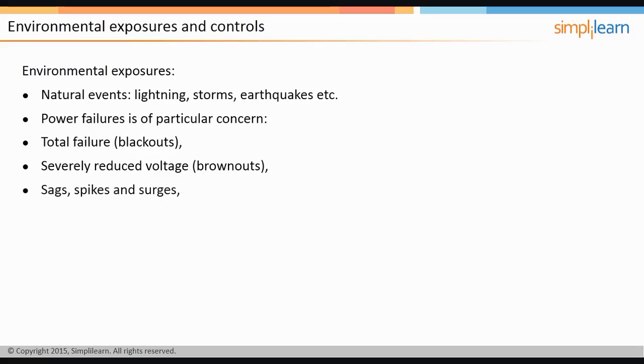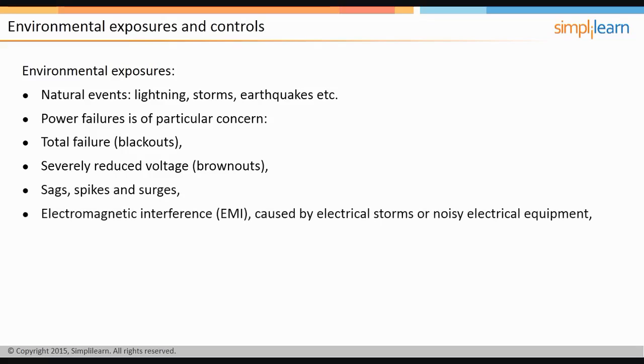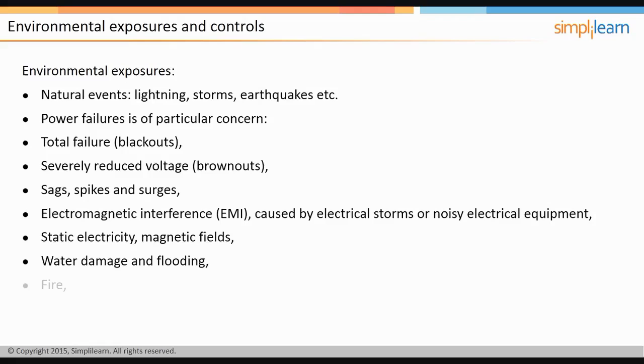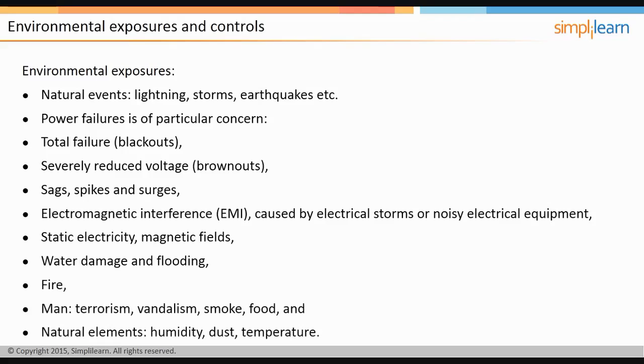Sags, spikes, and surges. Electromagnetic interference, EMI, caused by electrical storms or noisy electrical equipment. Static electricity, magnetic fields. Water damage and flooding. Fire. Man-made: terrorism, vandalism, smoke, food. Natural elements: humidity, dust, temperature.